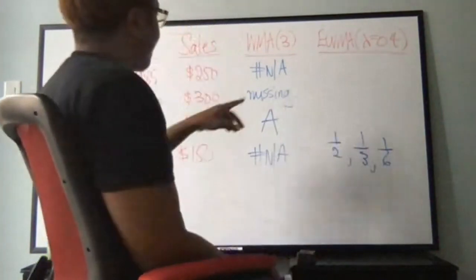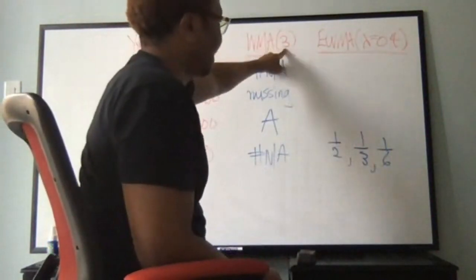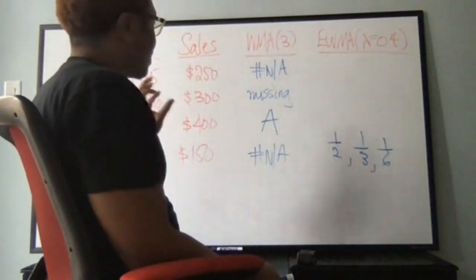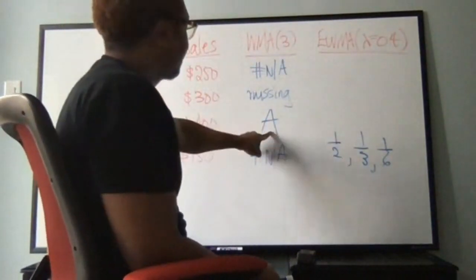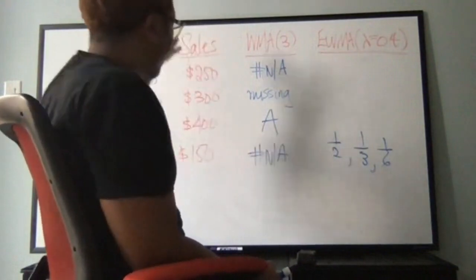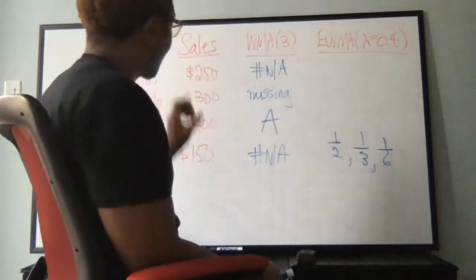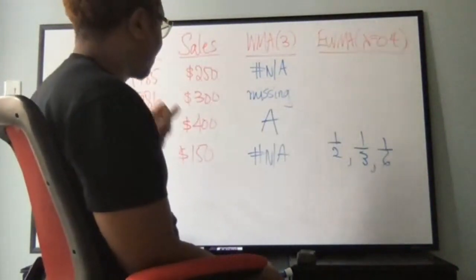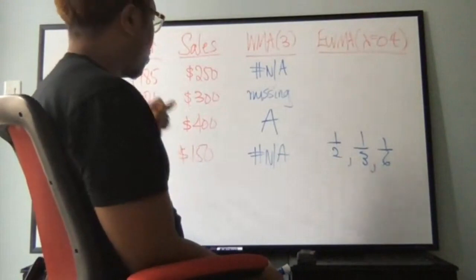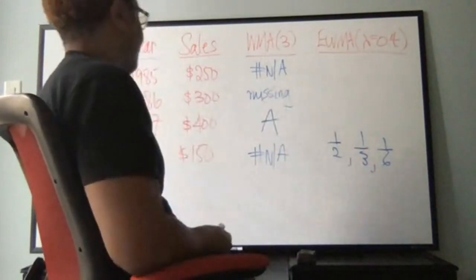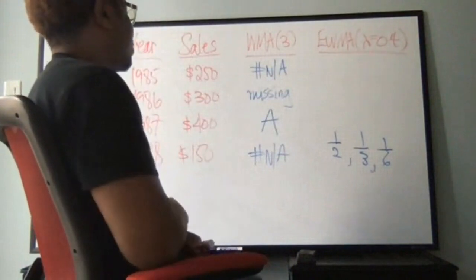And you have to know that it's a WMA 3, so the window size is going to be 3. But then the question becomes, in order to get A, what 3 values am I going to use? How would you know which 3 of these values to use along with the fractions?